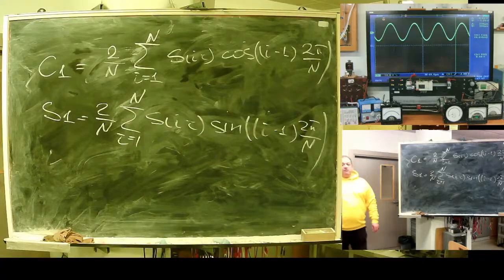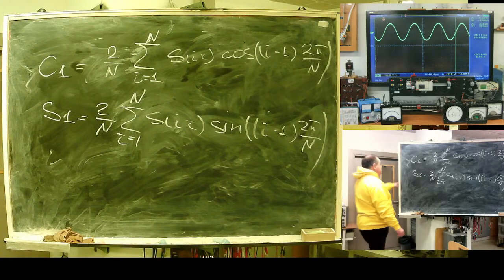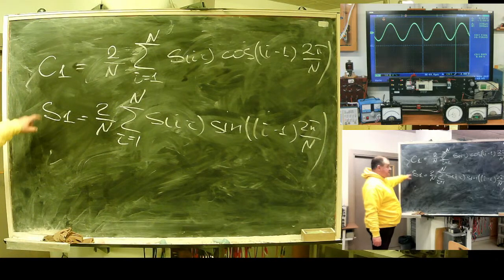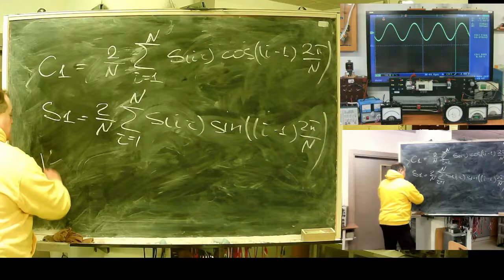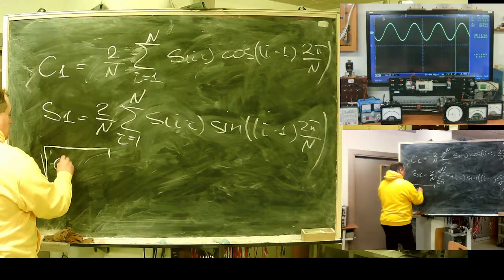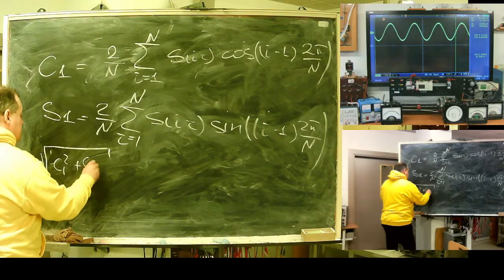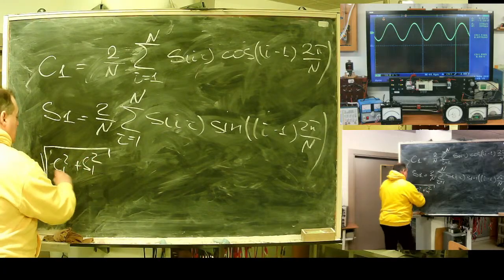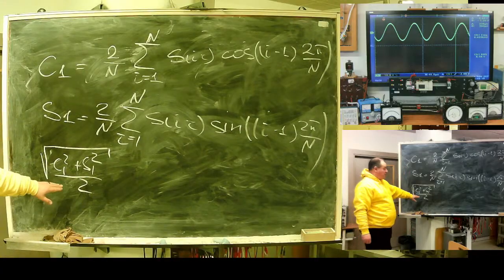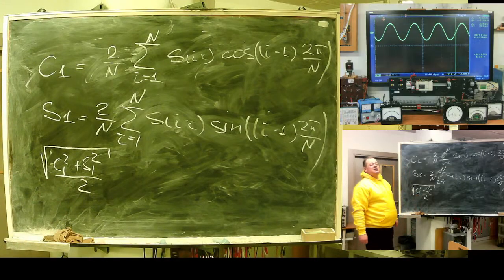Here are the basic formulas for what? C1, S1. My phasor magnitude will be the square root of C1 squared plus S1 squared, divided by square root of 2 to obtain the effective value.